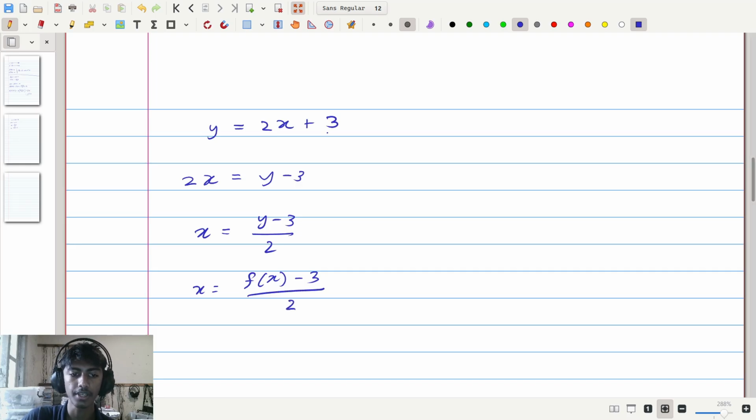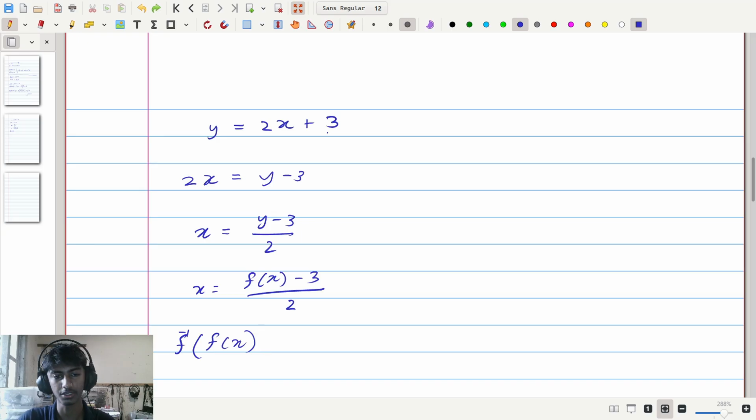What I want to find is that f inverse of x is (x minus 3) divided by 2, because this x is not a real object, it's just a variable, it's just the input of the function. So I can write this upward equation as x is the f inverse of f(x).